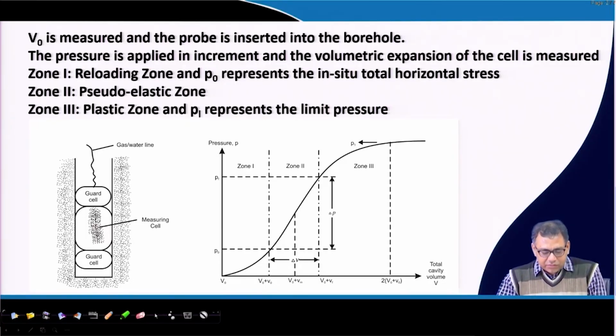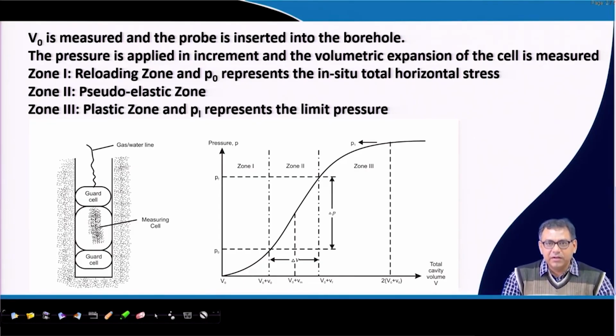The first zone is called the reloading zone, and P0 represents the in situ total horizontal stress. Why is this zone called the reloading zone? Because when we construct the borehole, the pressure on the soil is released, so some deformation of the soil will take place towards the borehole.